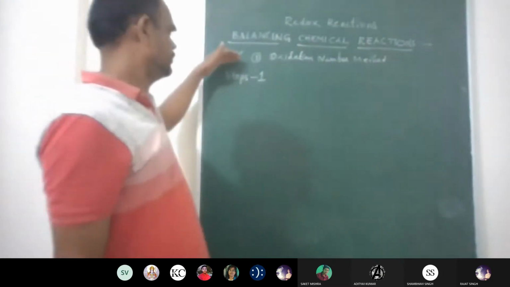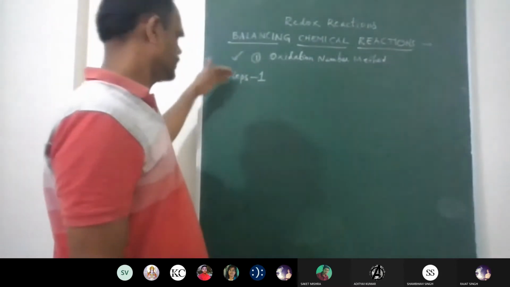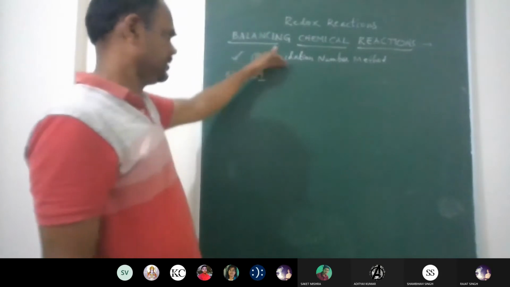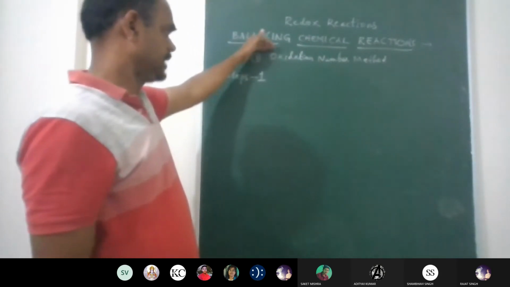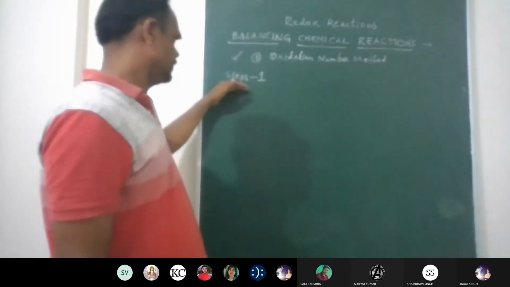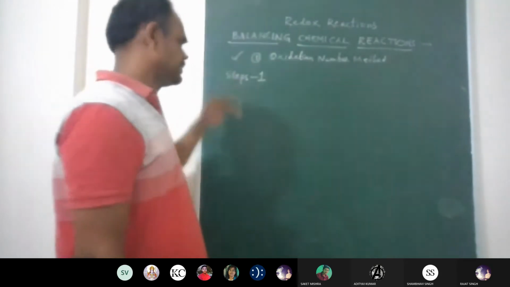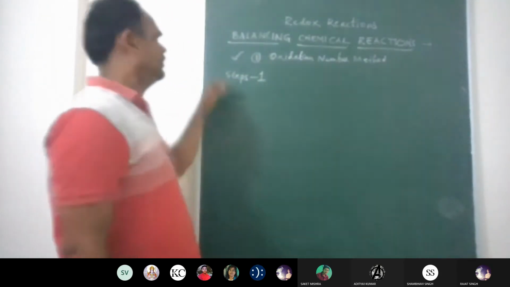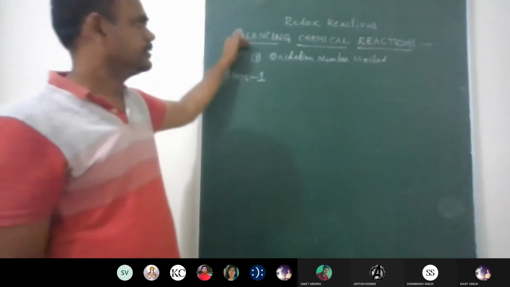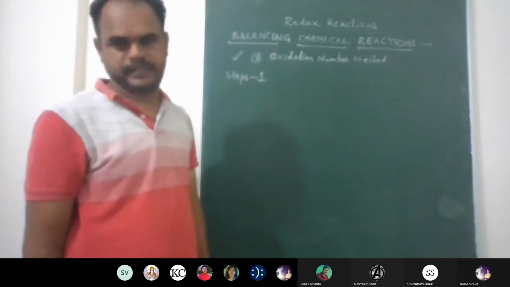Here we should follow several steps, almost 5 steps in this oxidation number method. So what are the 5 steps? Now we'll discuss step by step what we have to do for balancing chemical equations by using the oxidation number method.